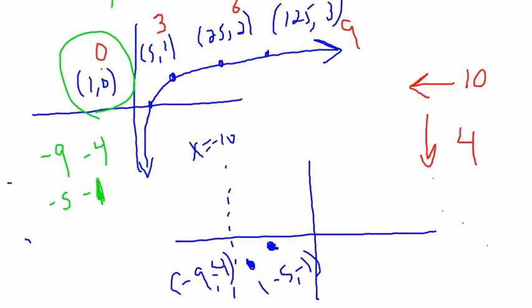Alright, next one, (25, 2), left 10 from that, so that's the work for this one right here. It doesn't go negative, it puts me at 15, comma, down 4 from the 6, puts me back at 2.